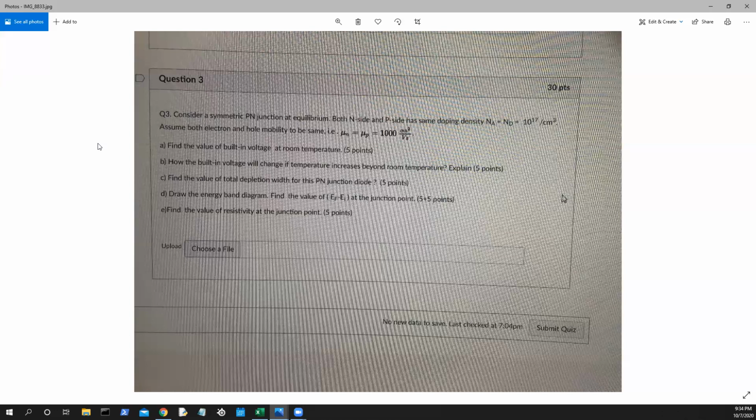And the reason I say minus or plus: when it comes to holes, if you have something with holes as a majority, it pulls the Fermi level below the intrinsic or the EI. And if you have a majority carrier of electrons, it pulls the Fermi level above the EI. So that's the result of the negative and positive signs in these formulas. So FP has the EI minus and FN has the EI plus. So that's just something to know.